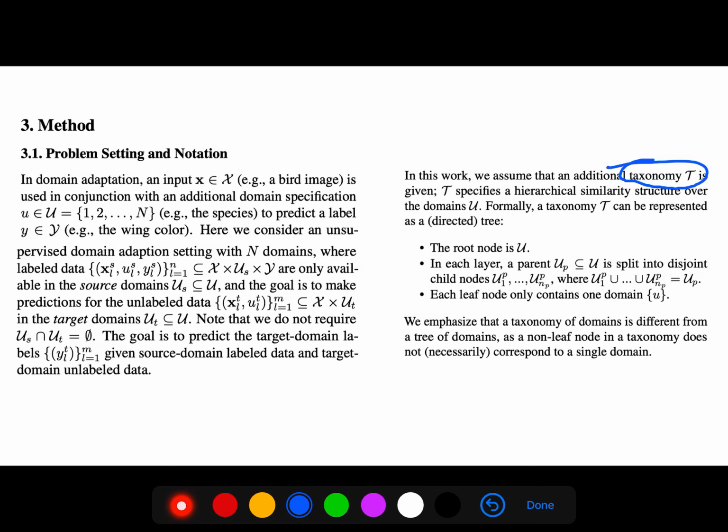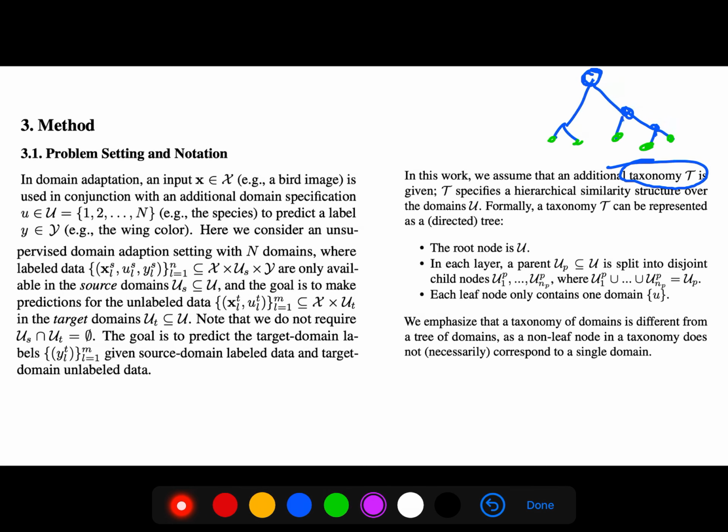Formally, taxonomy can be represented as a tree. So the root node U, in each layer we have a parent. In each layer, a parent is split into disjoint children nodes, and each leaf only contains one domain. So the final leaves are just one domain.